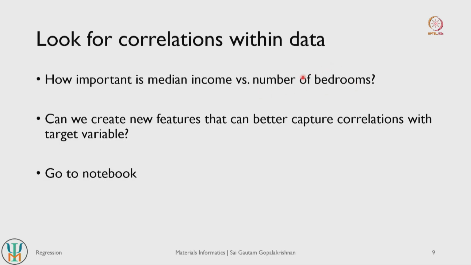Typically, a small house like a 1 bedroom apartment tends to be cheaper compared to an apartment or a house with 10 bedrooms. So how important are these two features, for example, and can we also create new features that can capture correlations a little bit better with the target variable? We will try to create new features and then see how they look. So let us get back to the notebook here.